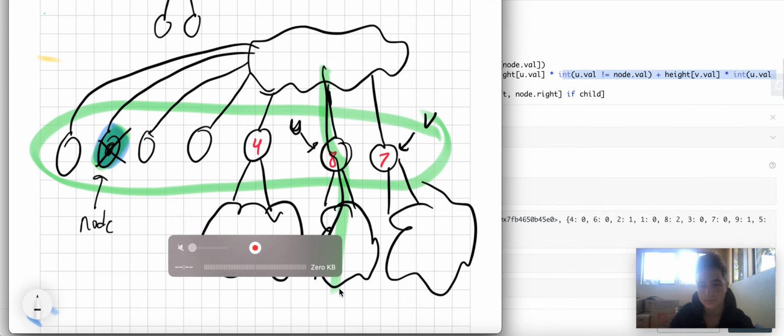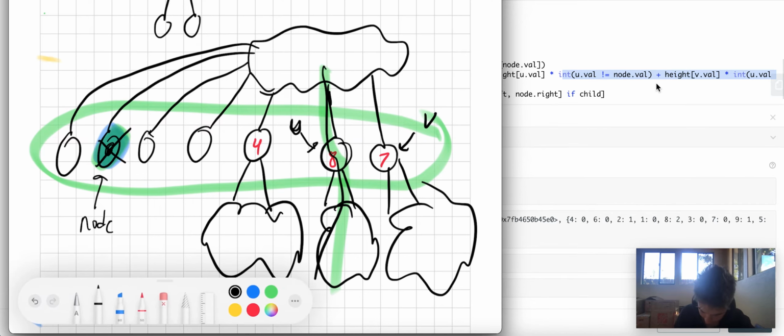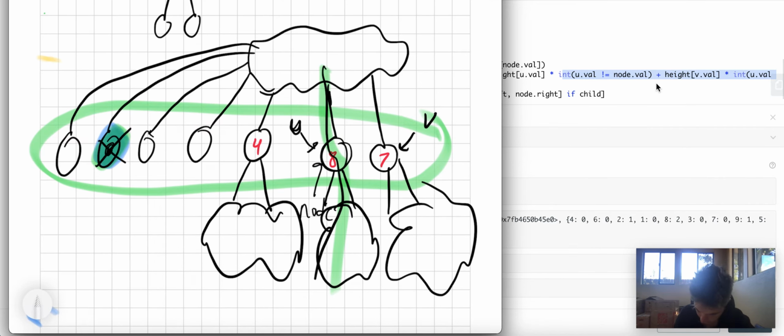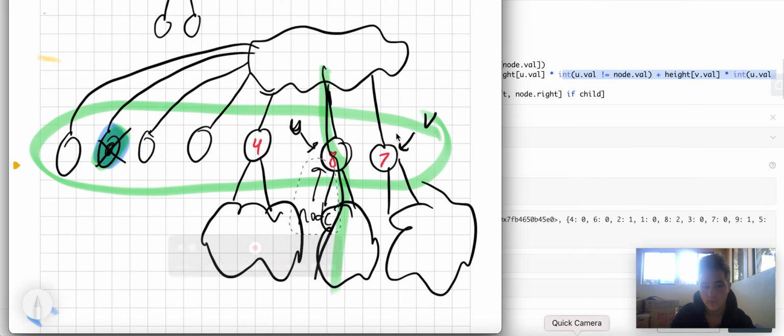Otherwise, if we're looking at this node now, well, then that's the one we're removing, so we can't add in its height. So we add in the height of v.val, because the height of v.val is the second largest height in this tree.